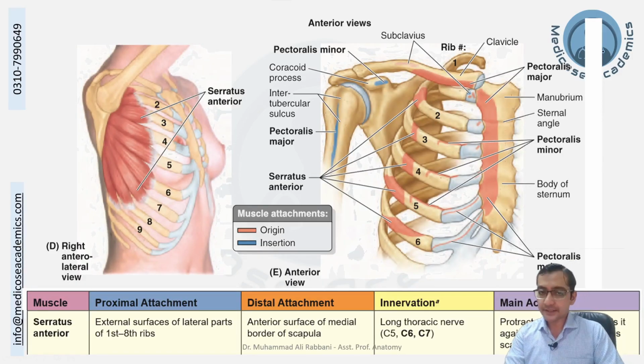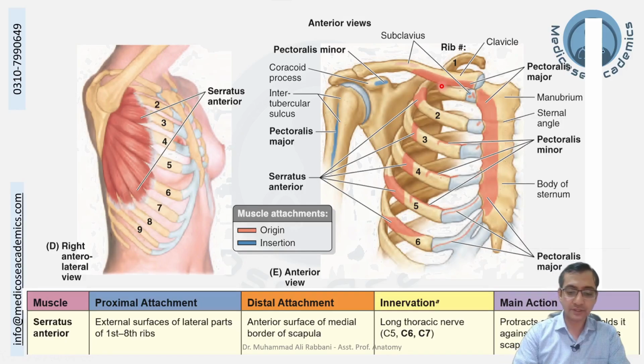Then comes the serratus anterior muscle. This muscle originates from the first eight ribs. As you can see from here all the way to rib number 8, it originates from here and gets inserted on the medial aspect of the anterior surface of the scapula.